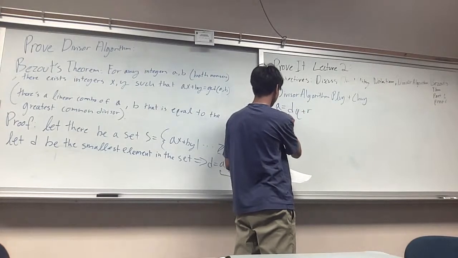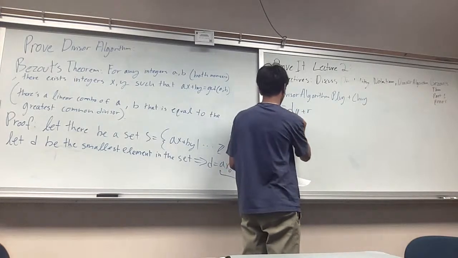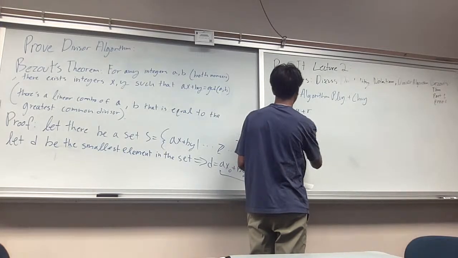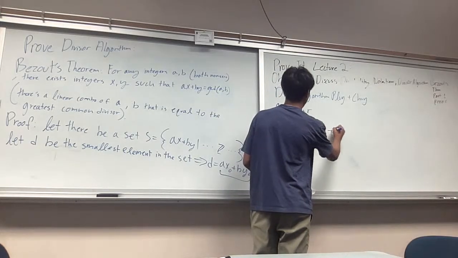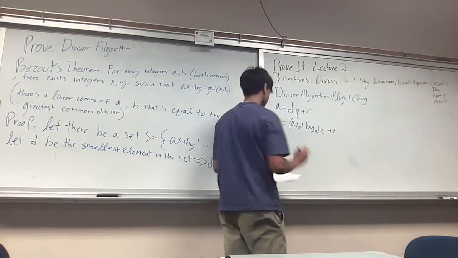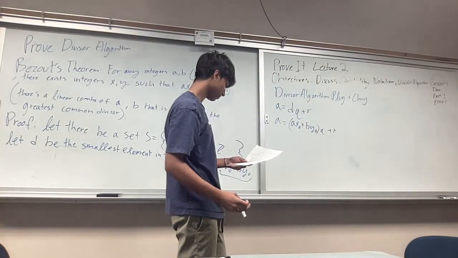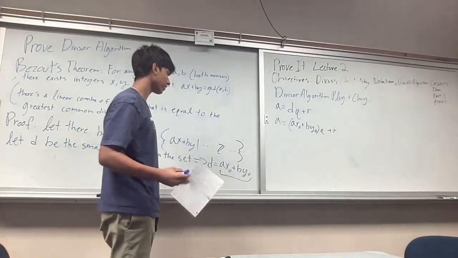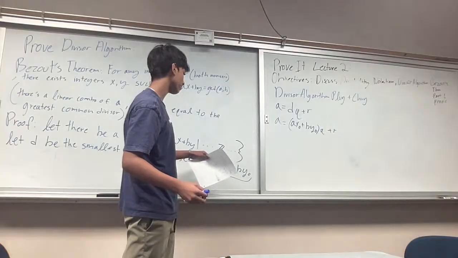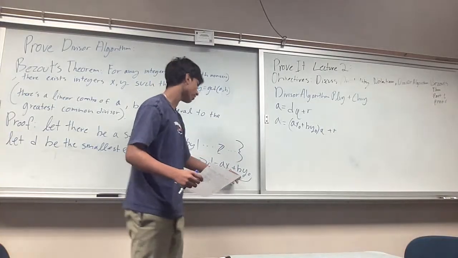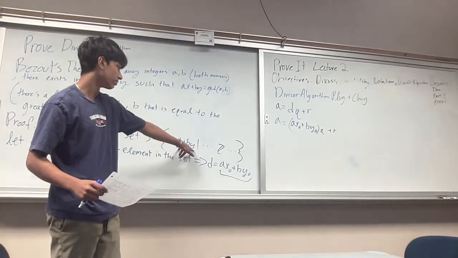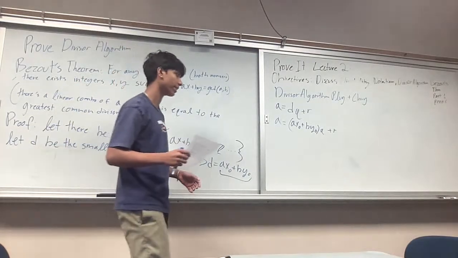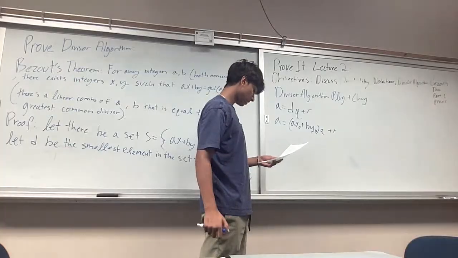D can be written as AX naught plus BY naught, times Q plus R equals A. X naught and Y naught are the arbitrary values from this set that make D the smallest integer value of the set.